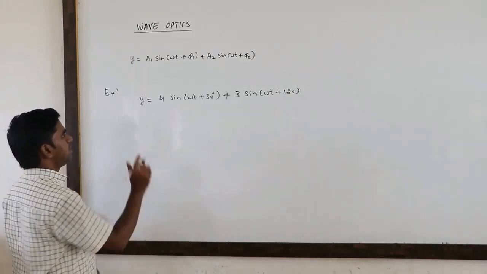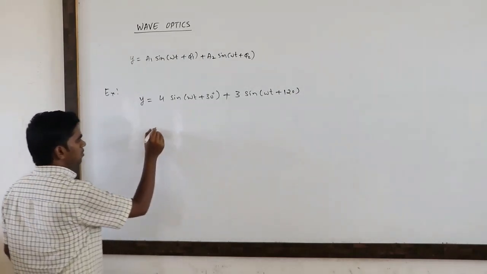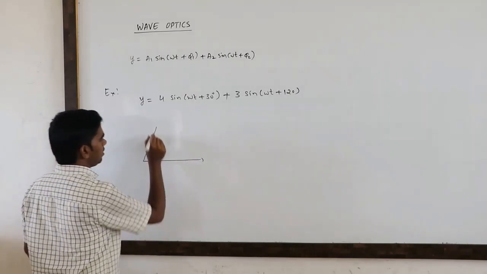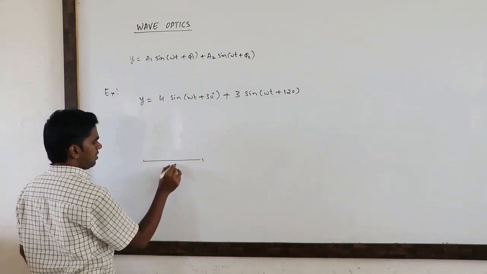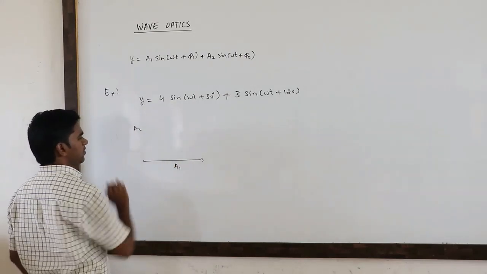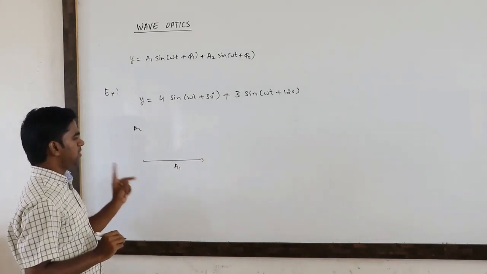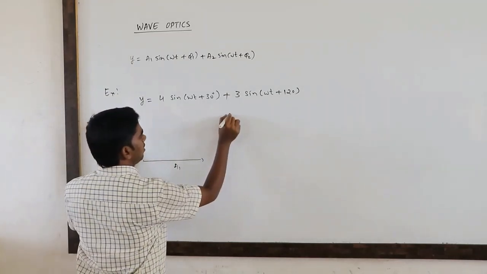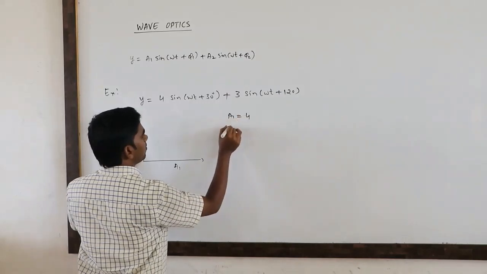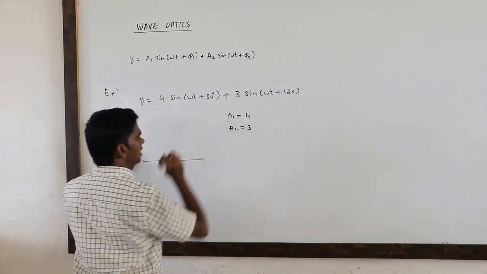You just take two vectors. Take this as A1 and this as A2. First you have to find the angle between A1 and A2. A1 is 4, A2 is 3.